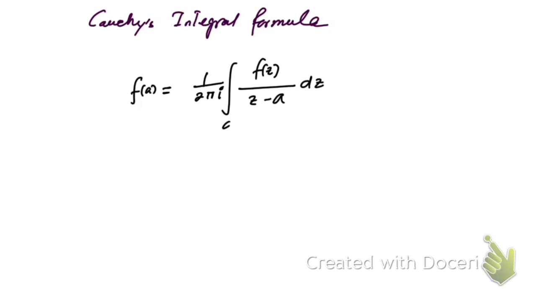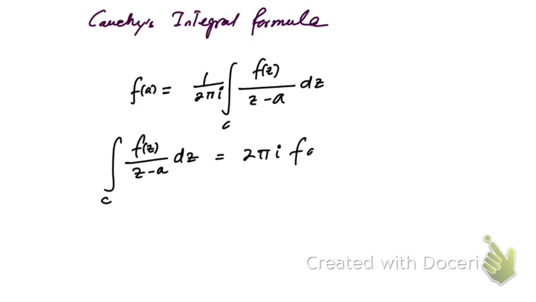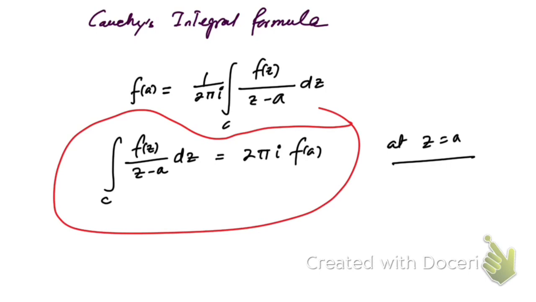From here you can evaluate integrals: the integral of f of z by z minus a dz is going to be equal to 2 pi i times f of a, at the point z equals a. So this is very important, and we're going to use this.